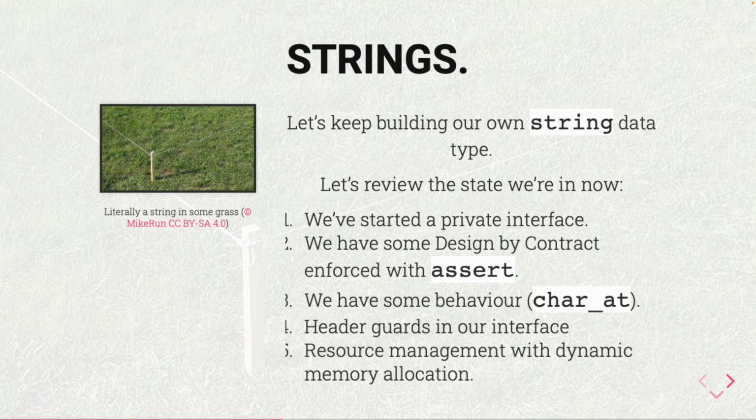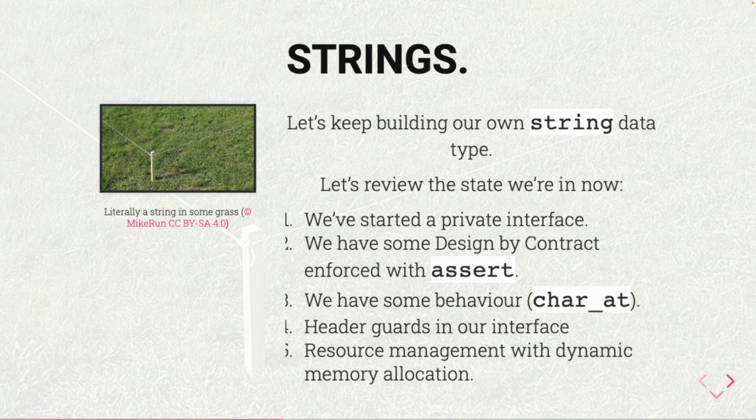So we're going to keep building on the example. At this point, we've started the private interface to go with our string. Private interface is a little weird, but it refers to what functions are accessible to just the string file, like stuff labeled private in a class. We have some design by contract enforced with assert.